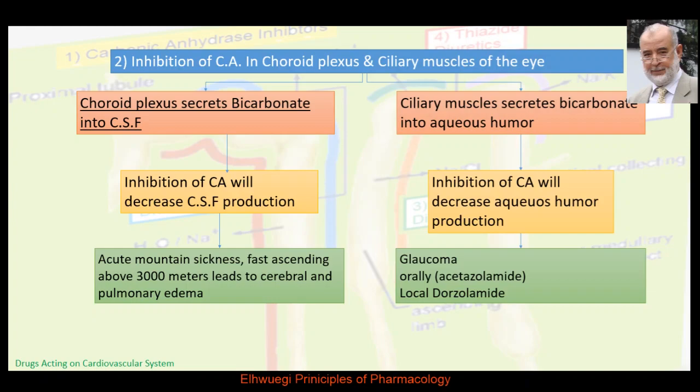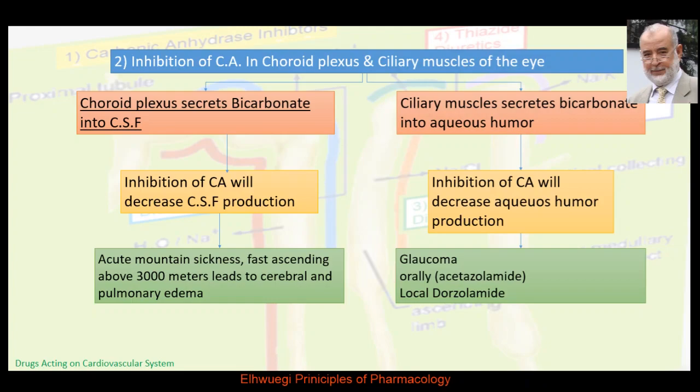So carbonic anhydrase is present in the urinary filtrate, and its inhibition will result in several actions, including diuresis and others. Inhibition of carbonic anhydrase in the choroid plexus will decrease production of cerebrospinal fluid, and this is applied in cases of mountain sickness.